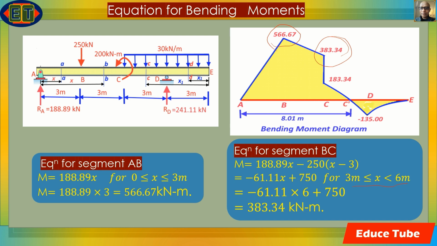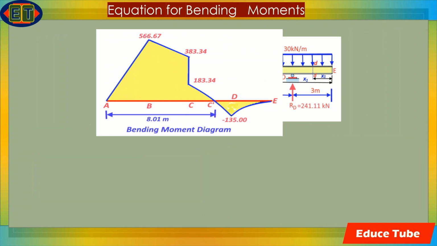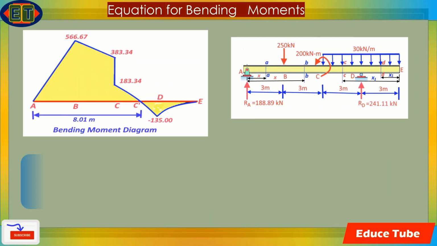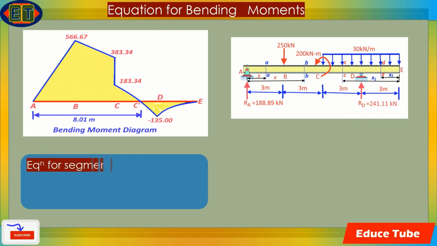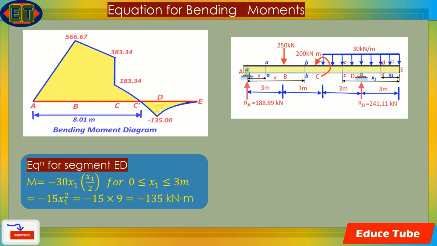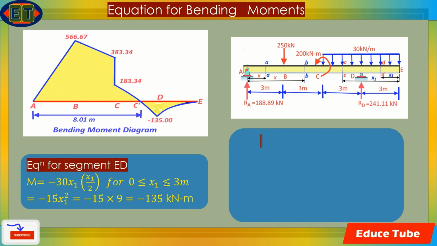Now we'll go for finding the equation for segment ED. What is the equation? Equation is minus 30x into x1 by 2. This is the equation for x1 less than or equal to 3 meter but greater than or equal to 0.